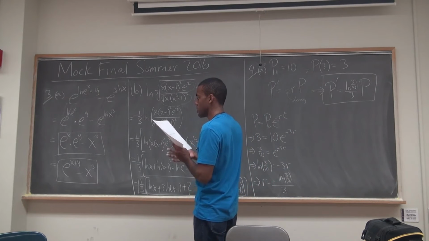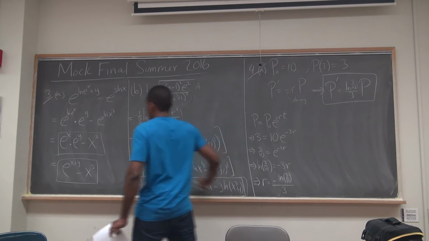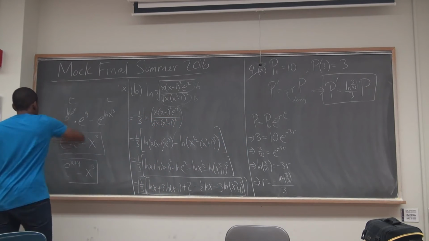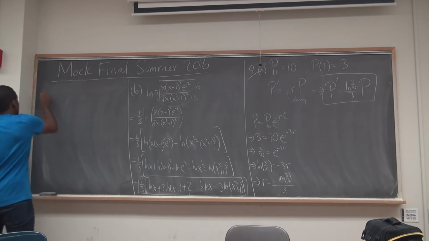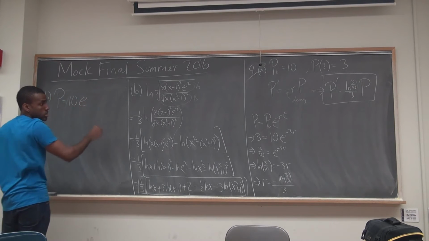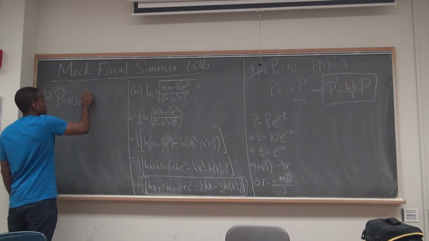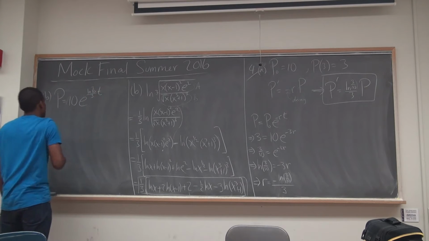And then part B says find P of t and simplify. Well, we pretty much were working with P of t here, so that's just plugging it in. So part B is just to say P is equal to 10 e to, now I know what my r is, ln of 3 over 10, over 3, times t.